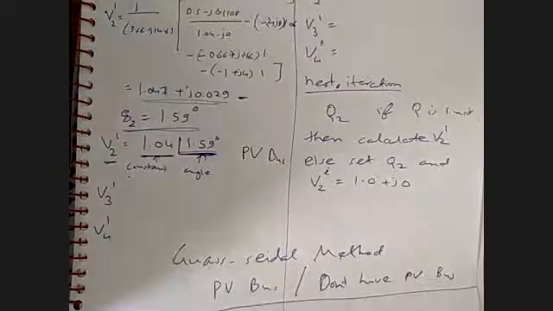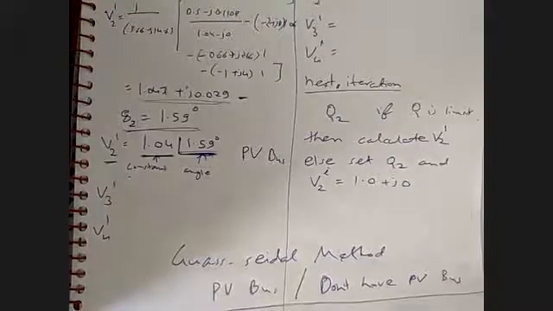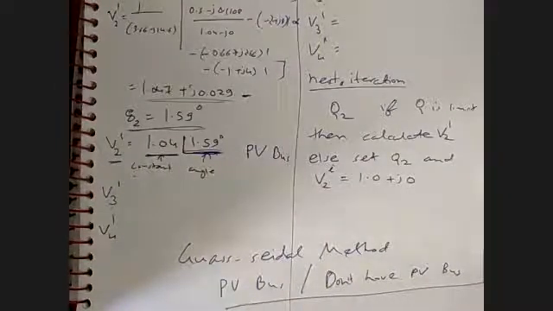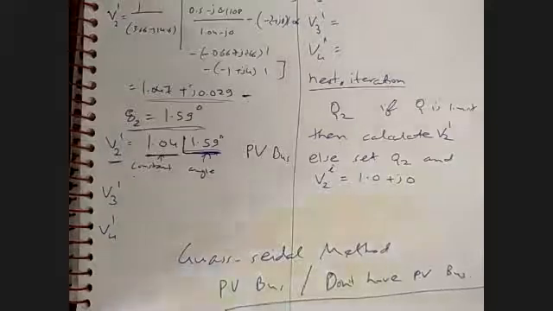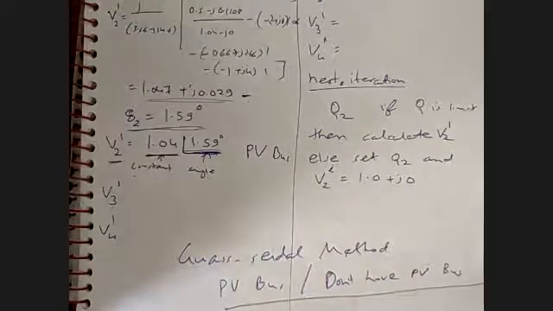So if we don't have any PV bus in the system, your calculation will be less because you don't require to calculate Q. You have to only calculate V at all the buses except for slack bus. And if it is a PV bus, then you have to first calculate what is the reactive power and then check if that is between the range.